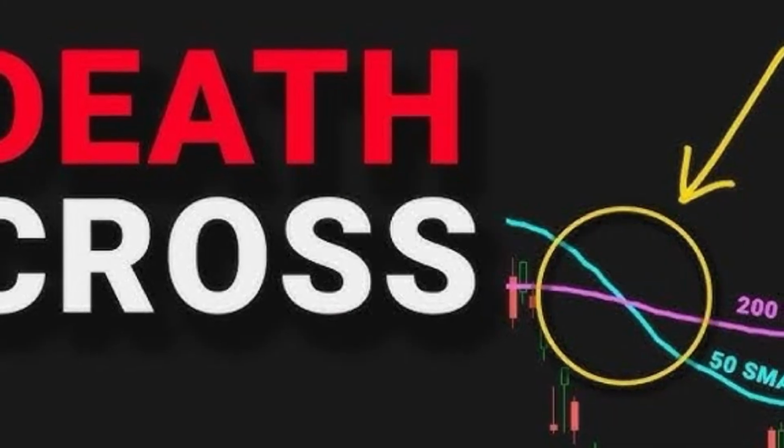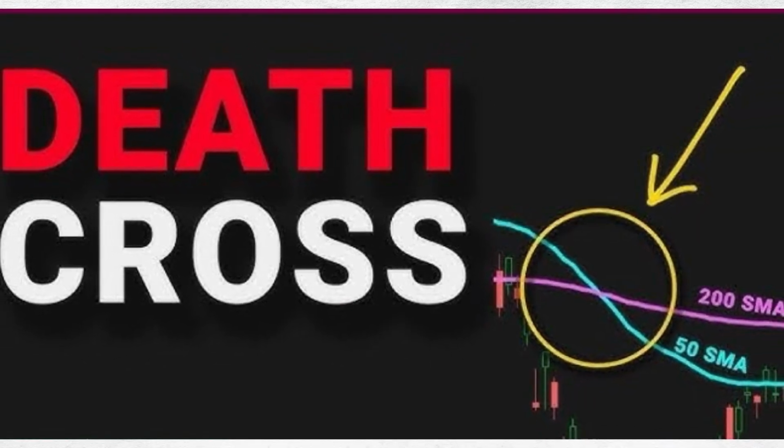The 50 moving average is the more recent one, and as soon as we see that the 50 moving average is crossing down the 200 moving average, that is a clear sell signal, because it signifies the recent trend is contradicting the long term trend. So basically, it's the onset of a downward trend.